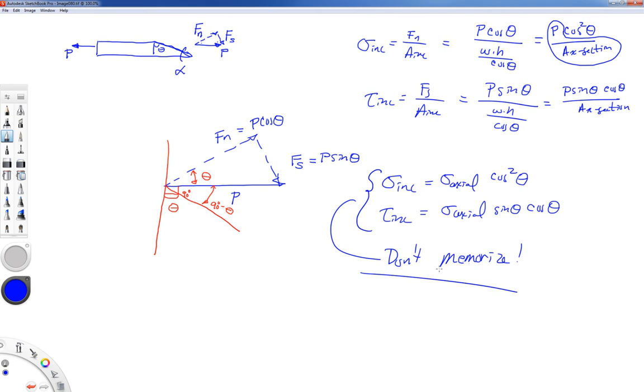The reason why we want to talk about this is that some materials fail because of high normal stresses, and some materials fail because of high shearing stresses. Let's make a note of that. Your brittle materials tend to fail because of high normal stresses.